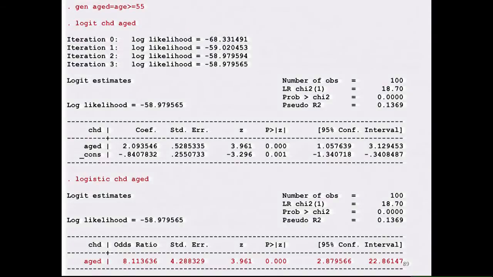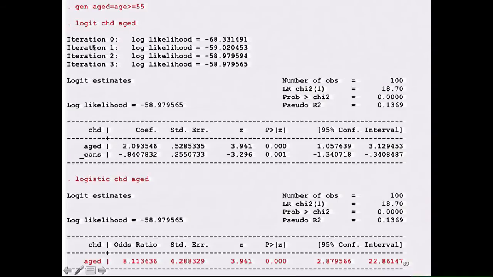Now, there are only going to be basically 4 probabilities. There's a probability of CHD if you're less than 55, a probability of CHD if you're greater than 55, a probability of no CHD if you're less than 55, and a probability of no CHD if you're greater than 55. That's all there is, so only 4 values are generated.